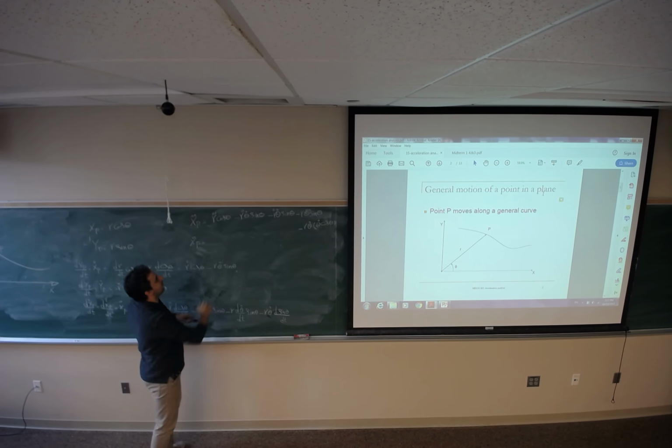Plus r theta double dot cosine of theta minus r theta double dot sine of theta. So these two will be x and y component of acceleration for point P.